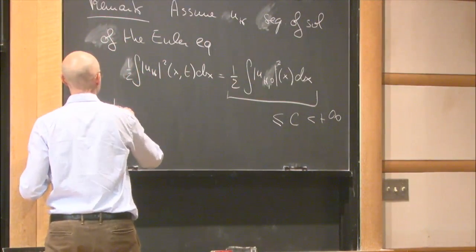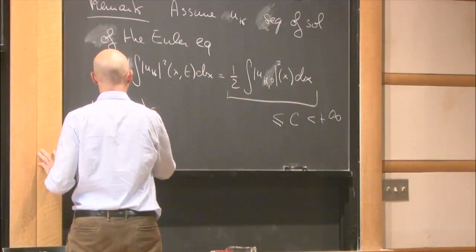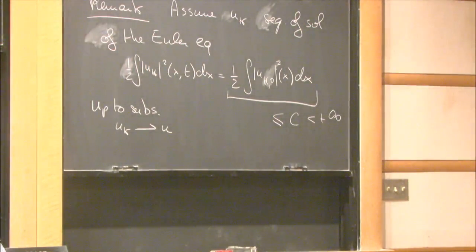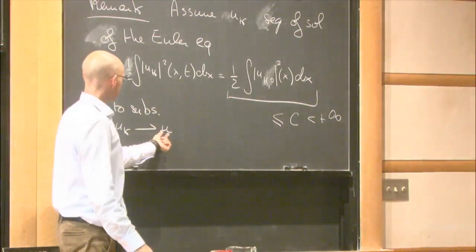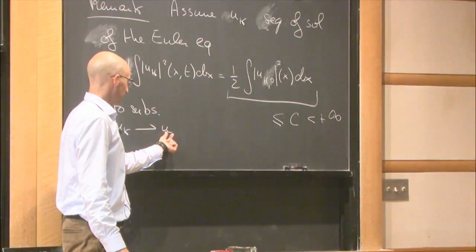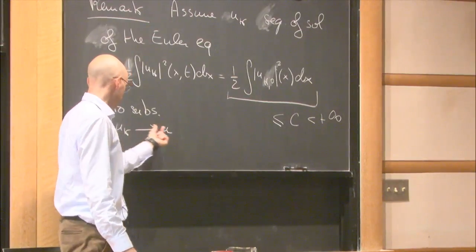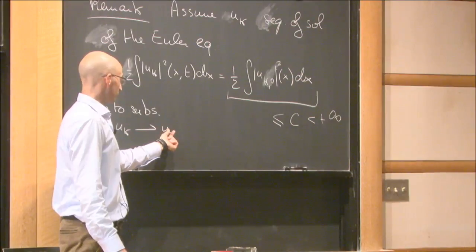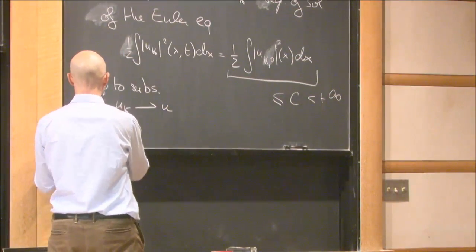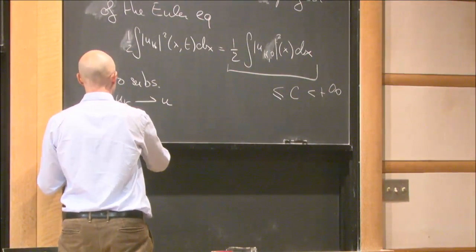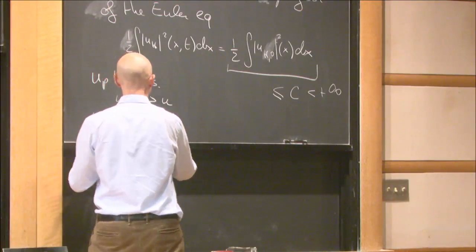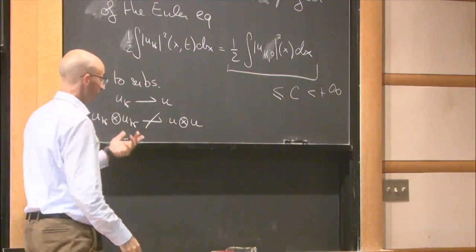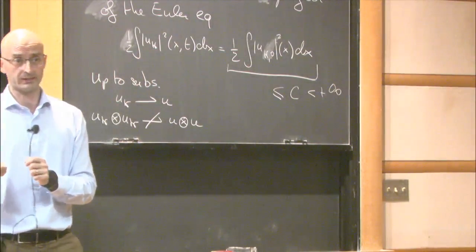So now once you have a uniform control on the L2 norm, of course, you can extract a subsequence which is converging weakly to some u. But once you have weak convergence, if you cannot upgrade it to something better, you of course don't know that the limit of u_k tensor u_k is u tensor u, because taking products does not commute with weak limits.